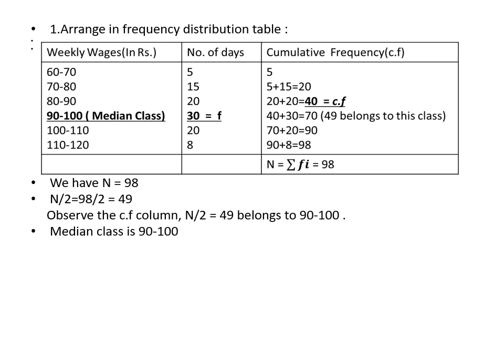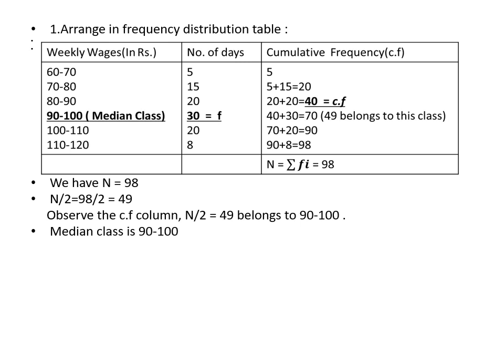Again I will explain how to select the median class. If you see, n equals 98, n by 2 equals 49. Now see the cumulative frequency column. Here the cumulative frequencies are 5, 20, 40, 70, 90 and 98.